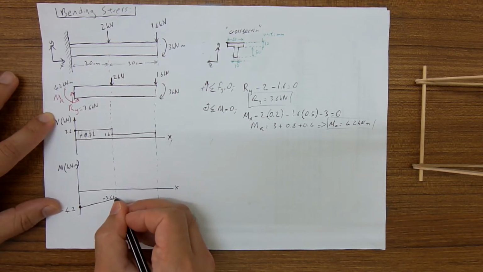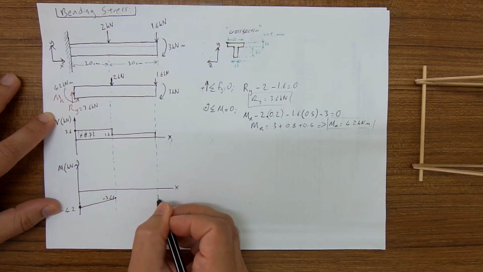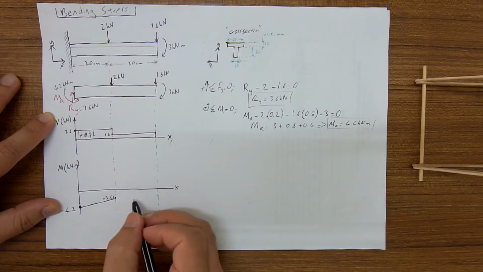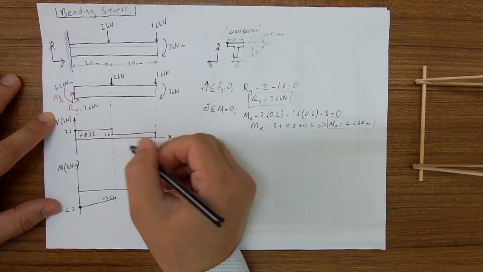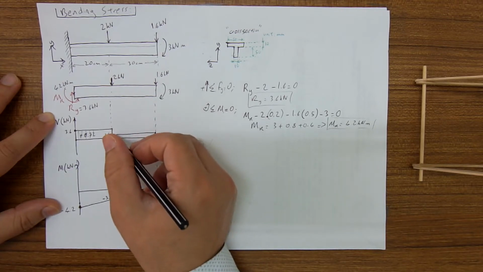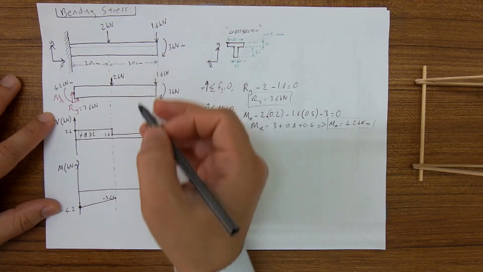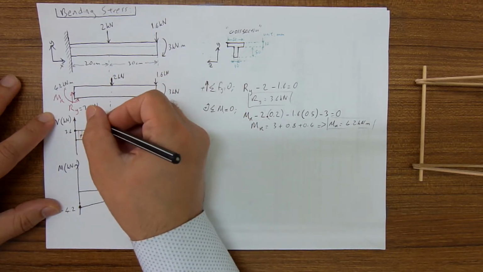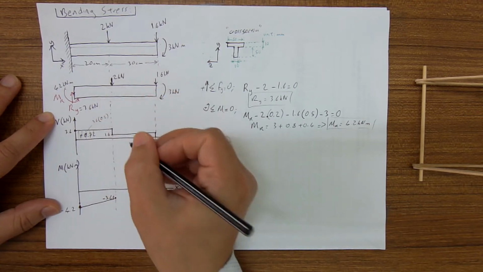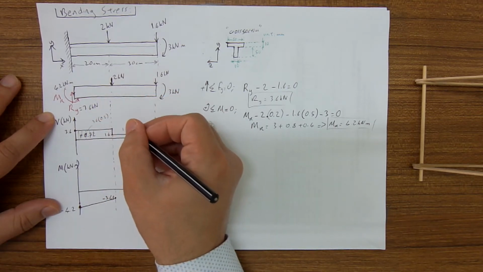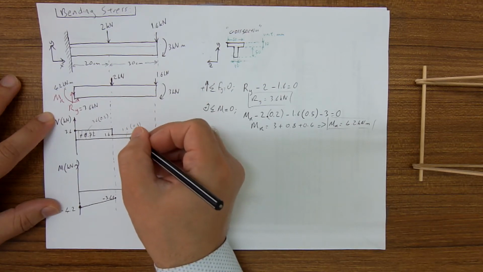Here I'm at this point, and from this point to the third discontinuity, what will be the moment? Again, I look at the area here. What is it? It is 1.6 times 0.3. So this one was 3.6 times 0.2 meters. This one will be 1.6 times 0.3, this area.